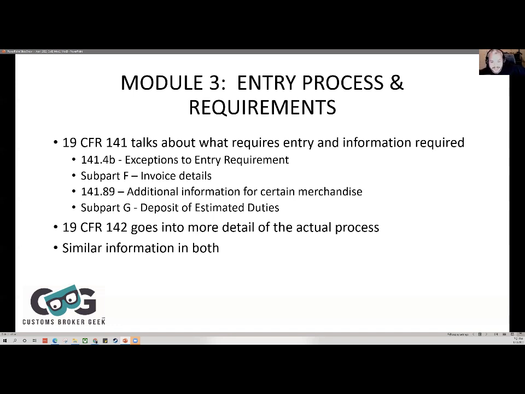Duty payment is only estimated as the entry is not considered closed until it liquidates, which is usually within a year of entry release. So what that means is we transmit an entry today, and it gets released. Customs has, I believe, 360 days to come back and review that entry. You're going to make a payment of the estimated duties to Customs within 10 days.